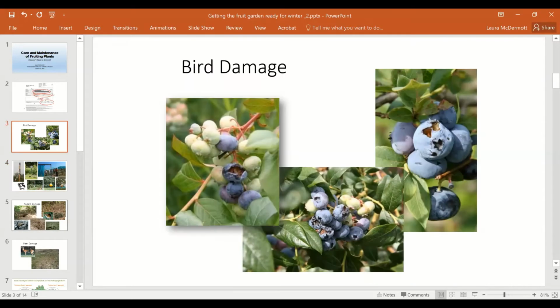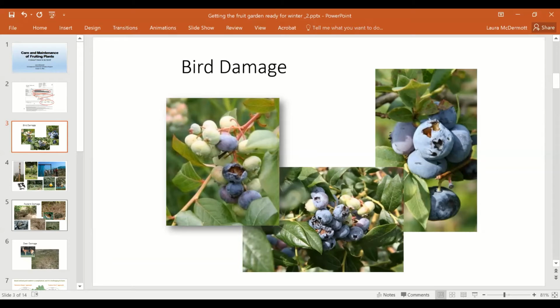So bird damage. Part of the care and maintenance, there are some things I'm going to talk about that go across all fruit crops. Bird damage is one of the biggest problems, especially for blueberries, cherries, and apples. Birds absolutely love those three fruits.